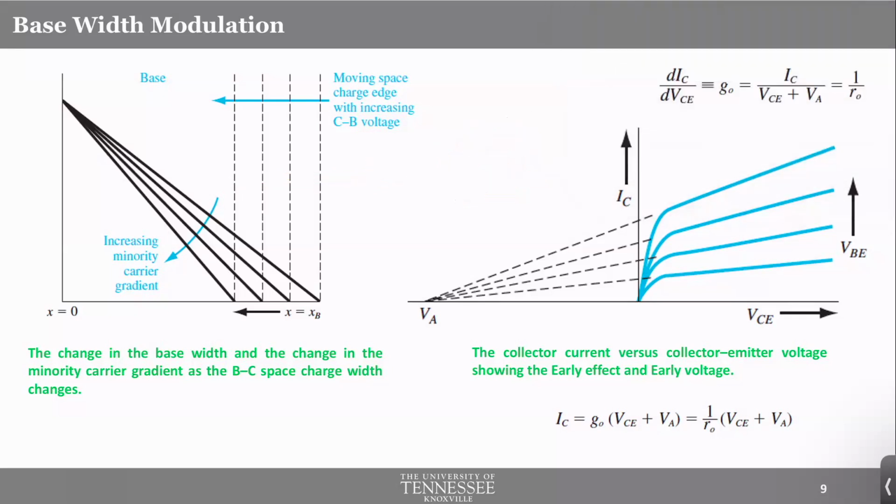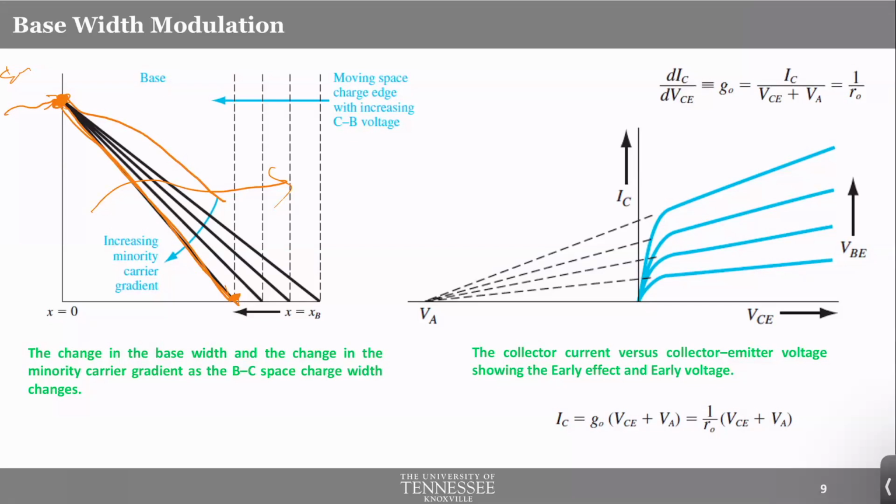And here is how that affects the overall property. Here is how that leads to changes in the current. If you remember, in the base, electrons came from the emitter, and so you have a large concentration of electrons, and they gradually diffuse. There is a higher concentration of electrons here, and a lower concentration on the other side. Since there is a change in concentration, that means a concentration gradient, there will be a diffusion from emitter towards collector.